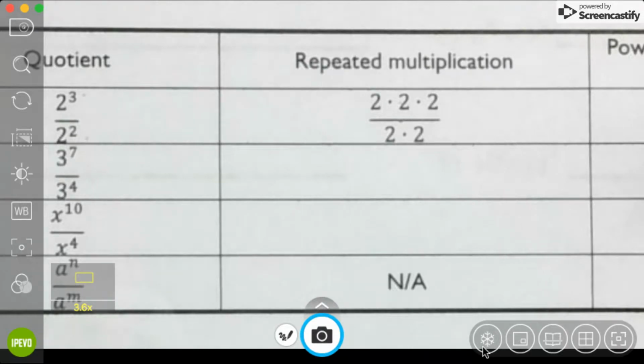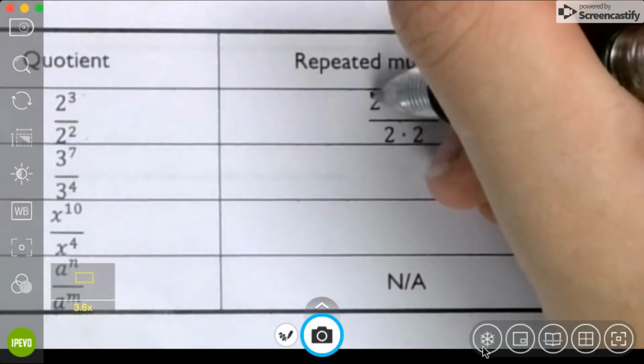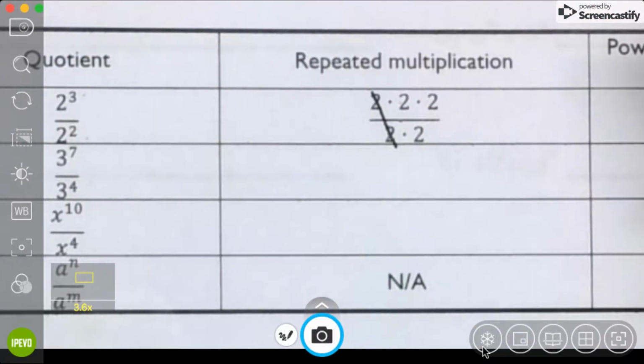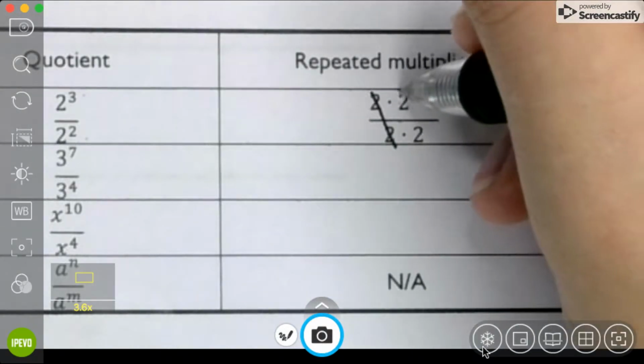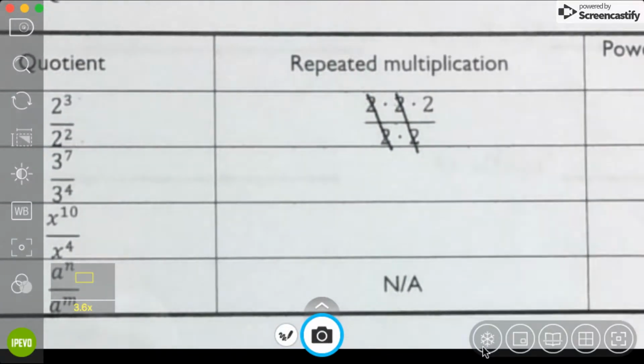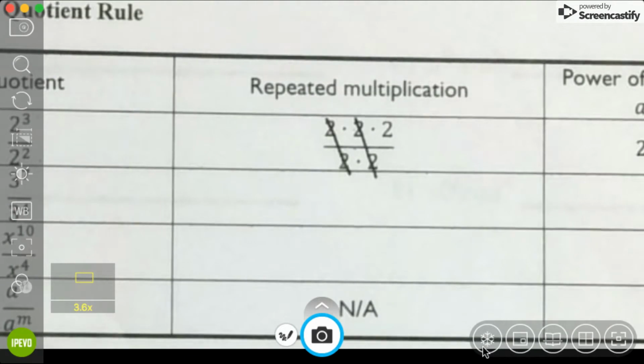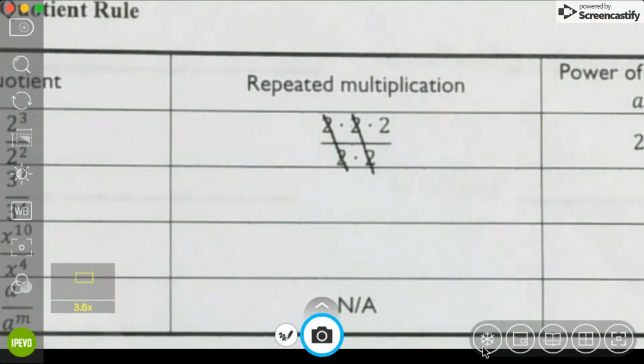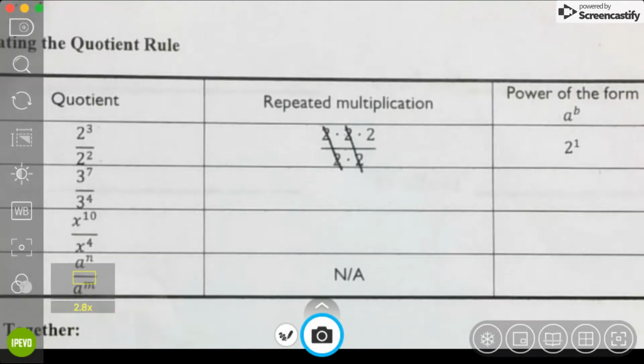Or canceling out things that are alike. These 2 cancel and make a 1 pair. These 2 cancel and make 1 pair. So where am I left with a 2? On the top. And it is to the first power. I'm going to zoom this out a little bit. That way you can actually see.